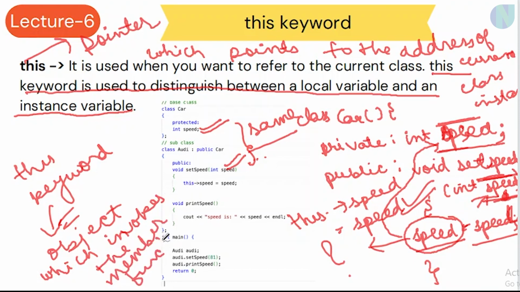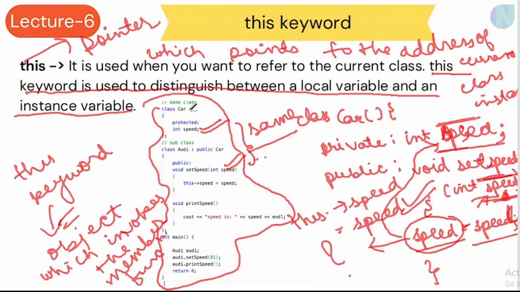Let's look at this example and you will have a clearer understanding of what is happening. Consider there is a class car. Here we have used protected int speed, and now we have created a subclass of the same class, Audi, as public car. We will look at how inheritance takes place in the next videos.